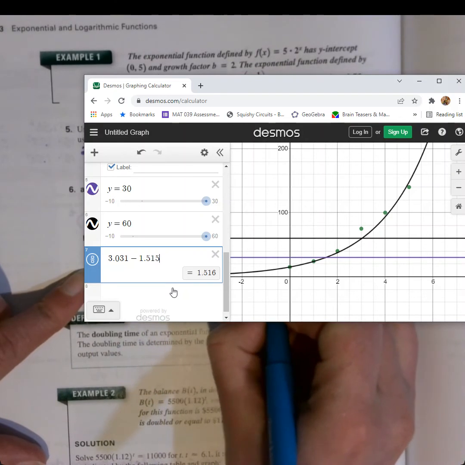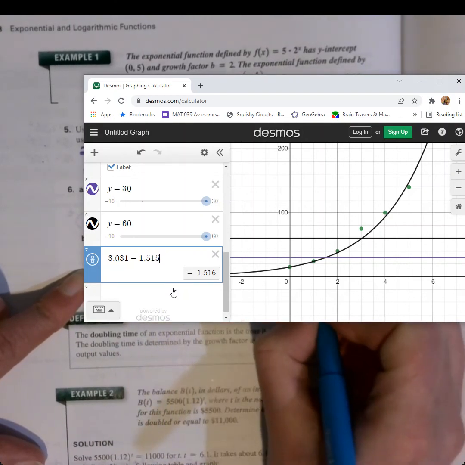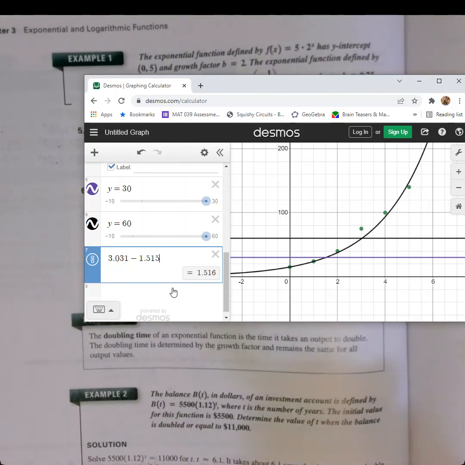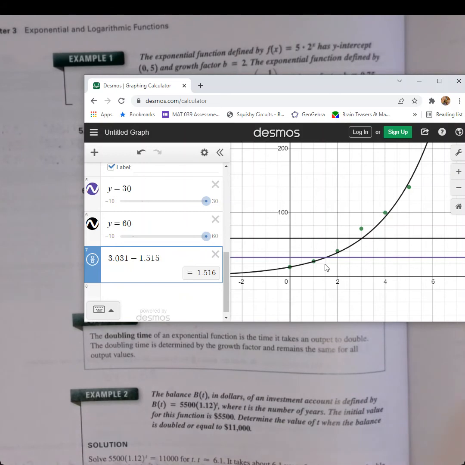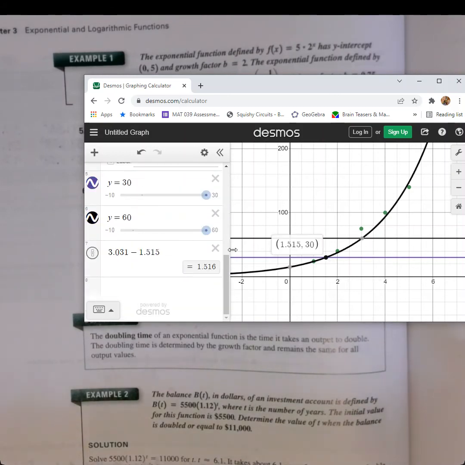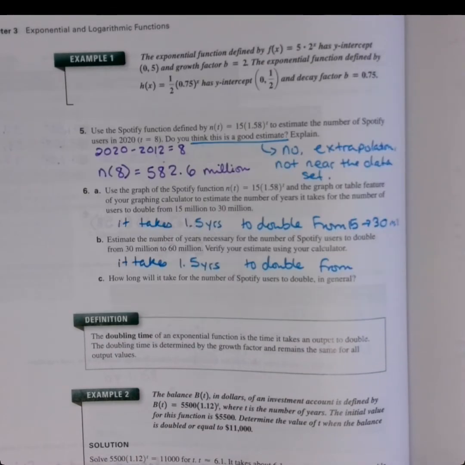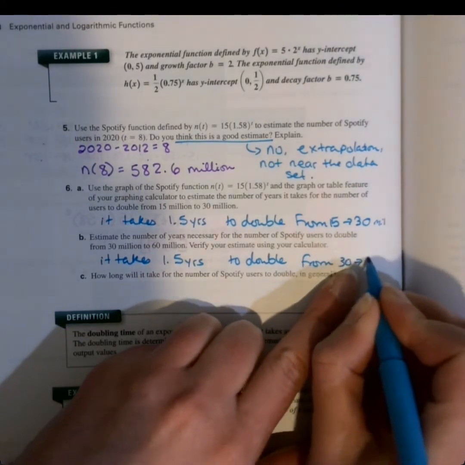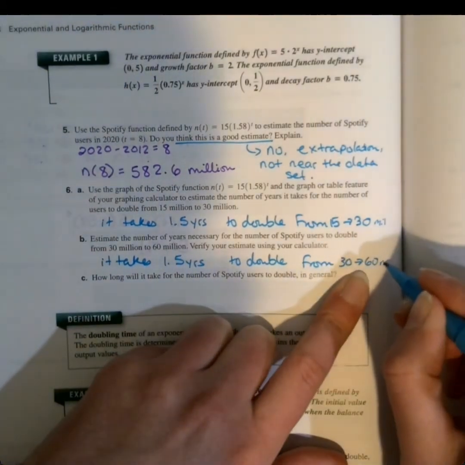Even if I had kept more decimal places and said 1.515 years, 1.516 years, I should get the same thing. There's that one decimal place off, and that's just because these values are rounded when I'm looking at them on the graph. If I had a few more places of precision, I would see that they're identical. So to double from 30 to 60 million.